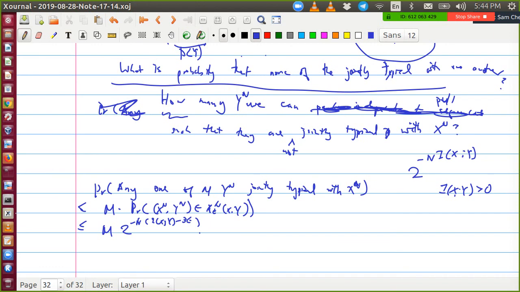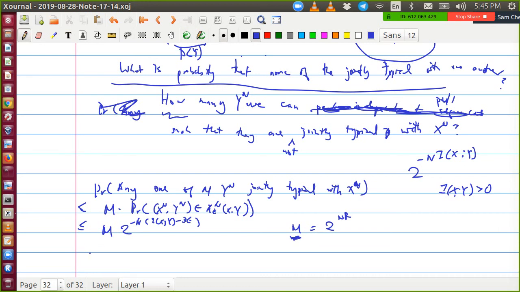So we can define m as 2 to the nr. As n increases, of course we can pack more sequences there. So we expect m to increase exponentially with n as well. So let's pick m equal to 2 to the nr.